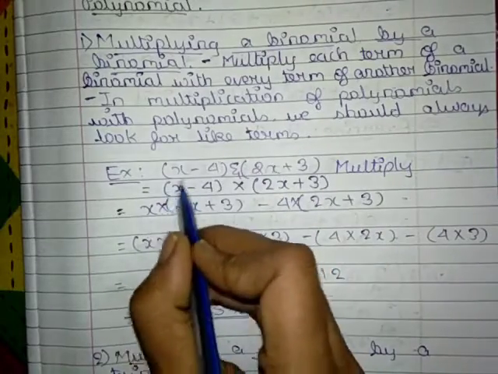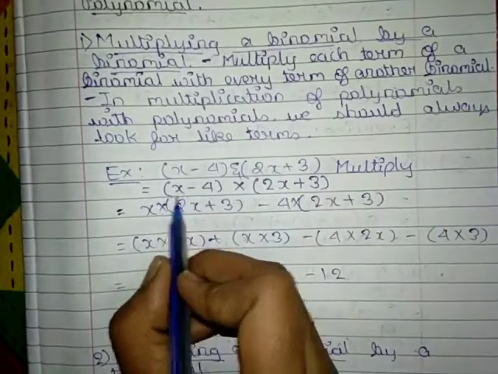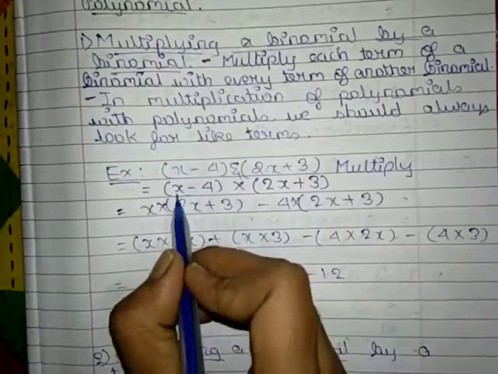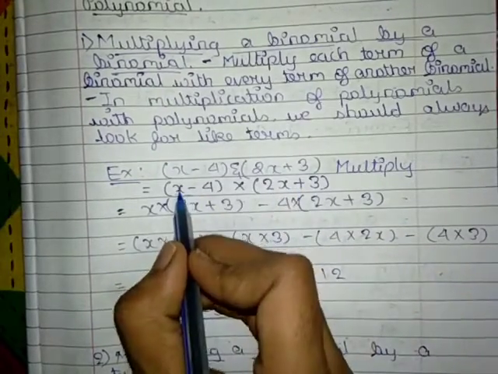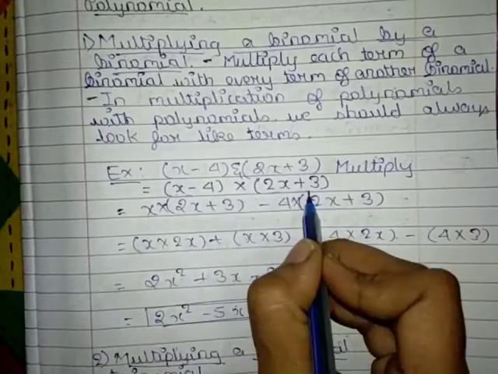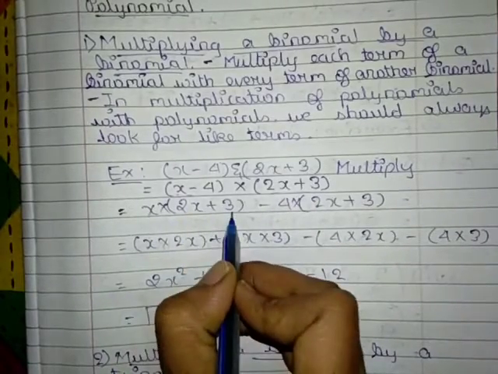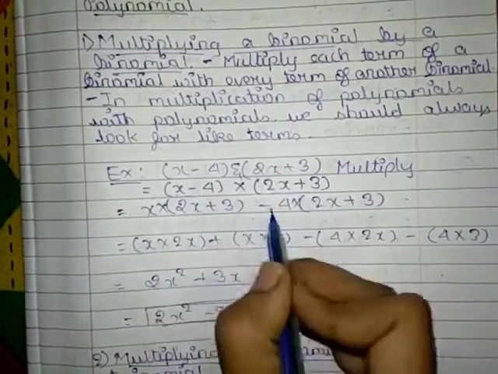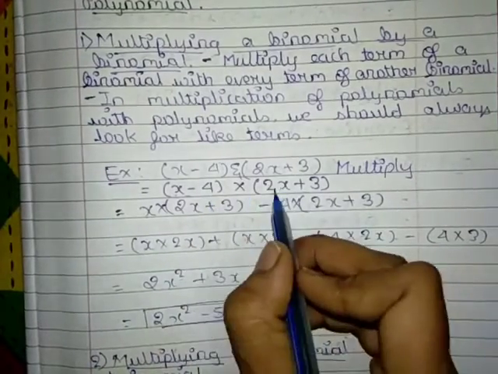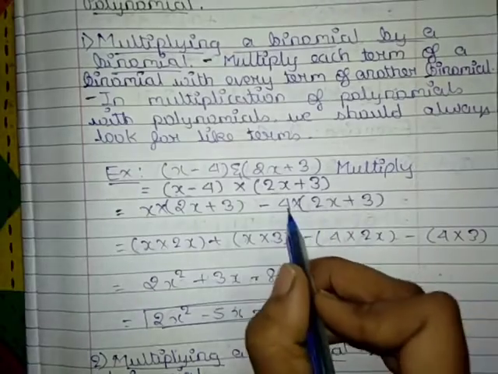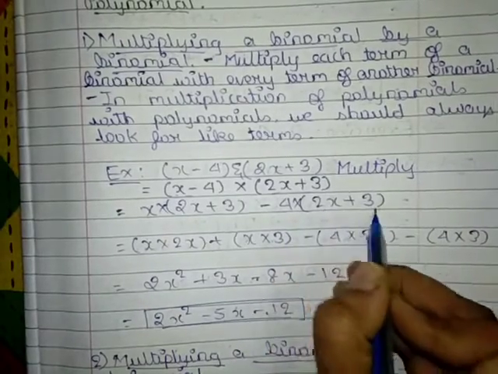Now we use the formula written here: each term is multiplied with each term of the second binomial. So first we will multiply x with this binomial, x multiplied by 2x plus 3. Then what is the sign here? Minus 4, and now 4 we will multiply with the two terms of this binomial, 4 multiplied by 2x plus 3.